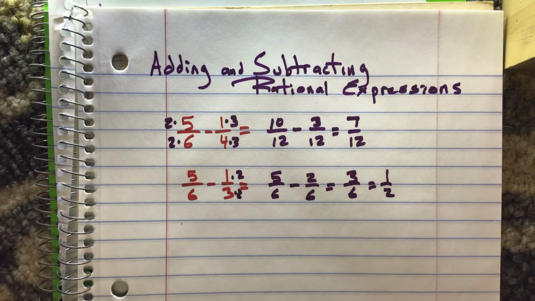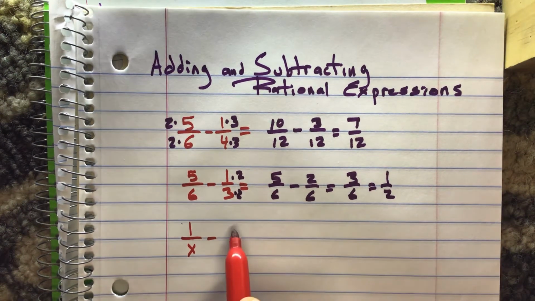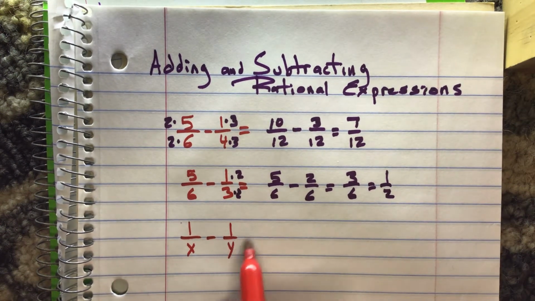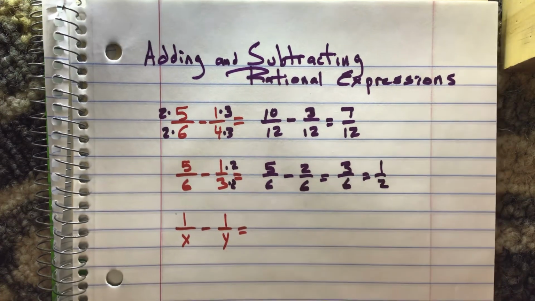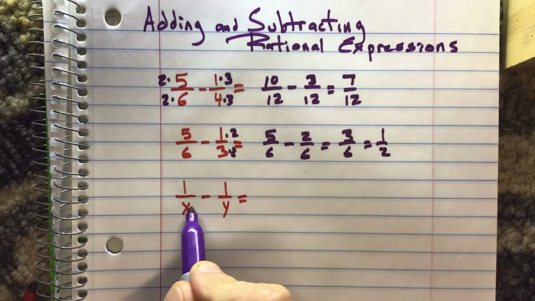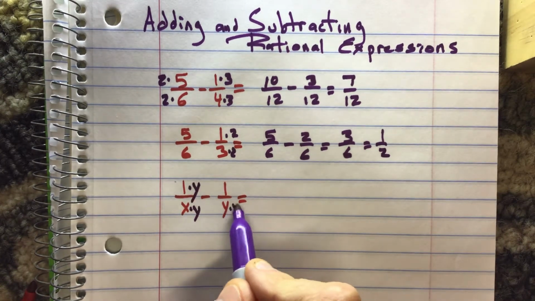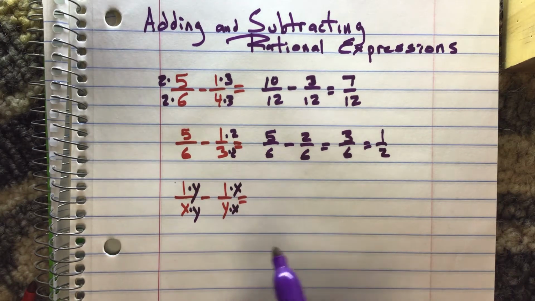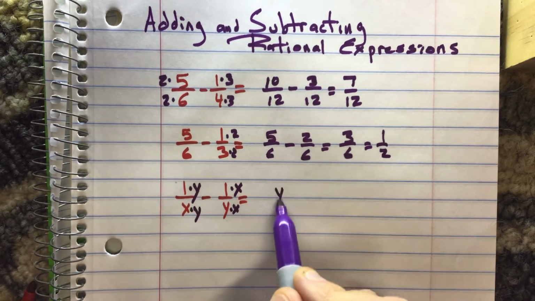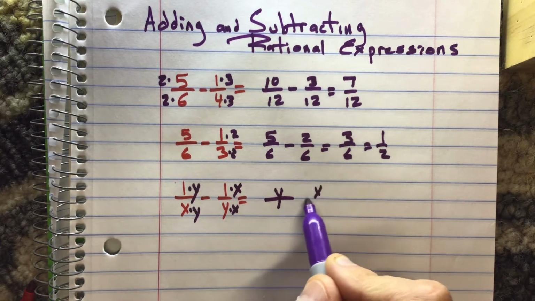Okay, and to generalize, if you had 1 over x minus 1 over y, and you wanted to subtract these two fractions, you would need a common denominator. This denominator has an x, we need a y. This denominator has a y, we need an x. 1 times y is y. 1 times x is x.